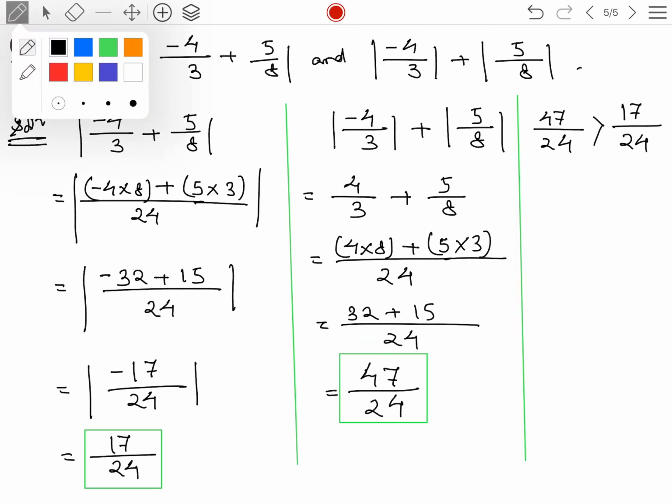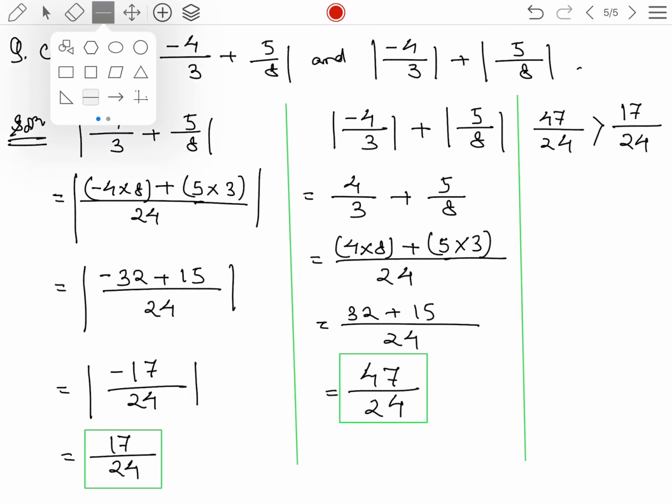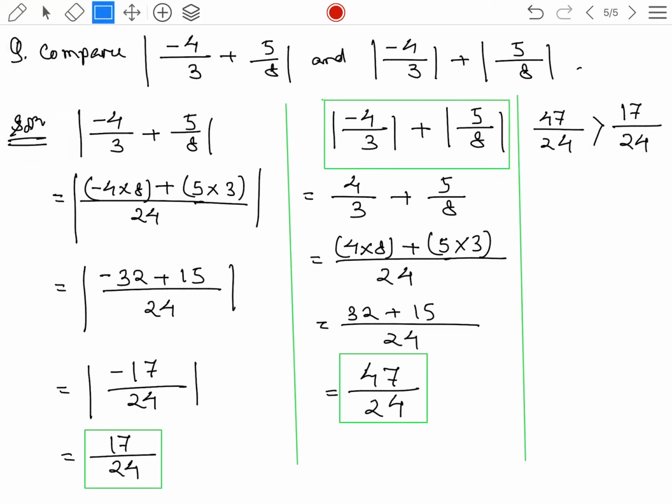So 47 by 24 was the value of this one, yes or no? This one is the absolute value of minus 4 by 3 plus absolute value of 5 by 8.